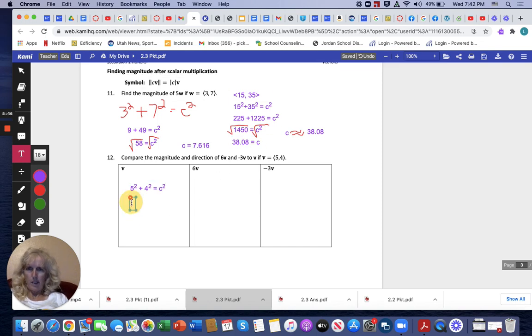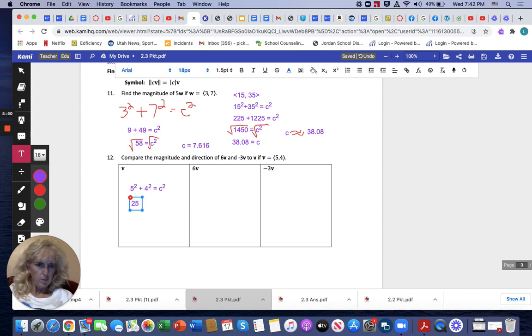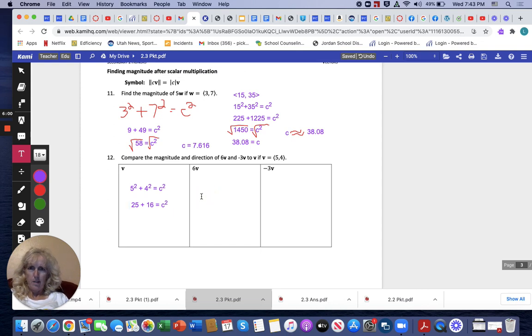Okay, so then we get 25 plus 16 equals c squared. Okay, so 25 plus 16 is 41, I believe.